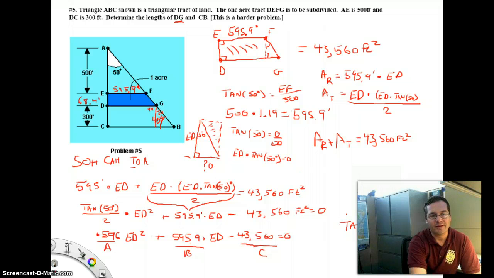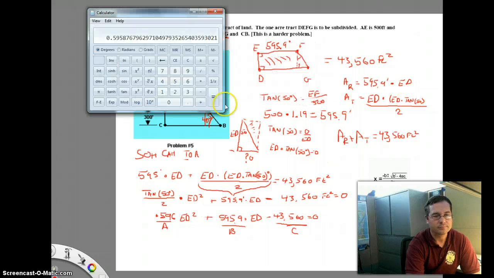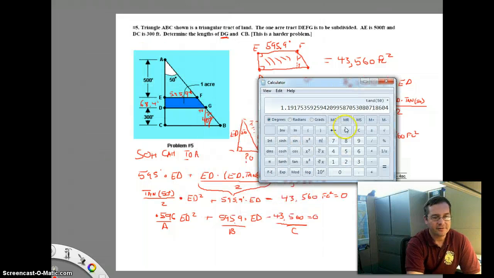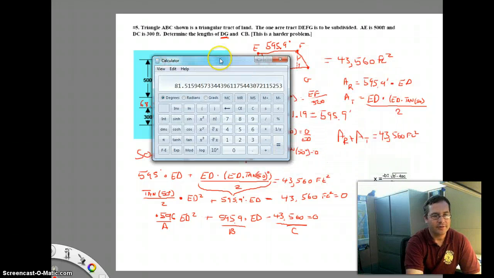So let's have a look at that. So 50 degrees, take the tangent, multiply it by 68.4, and the side of the triangle is about 81.5 feet.